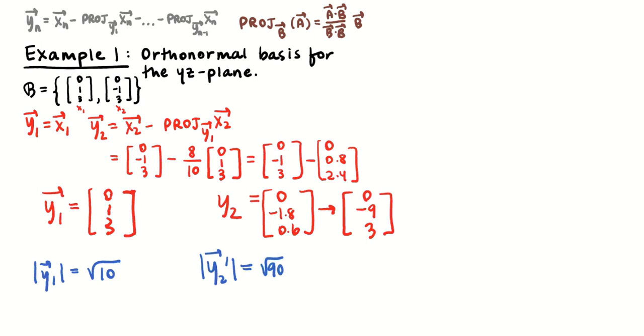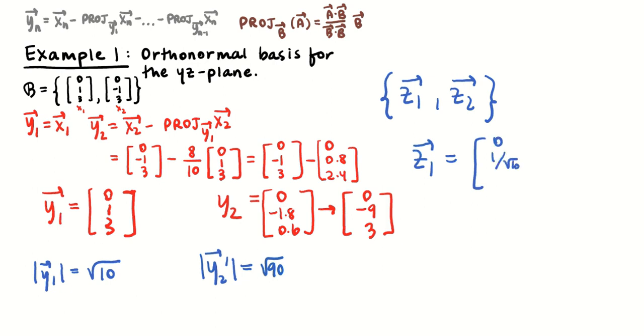So my orthonormal basis is going to be z1 and z2, where z1 equals y1 divided by the square root of 10. So that's 0, 1 over root 10, and 3 over root 10.